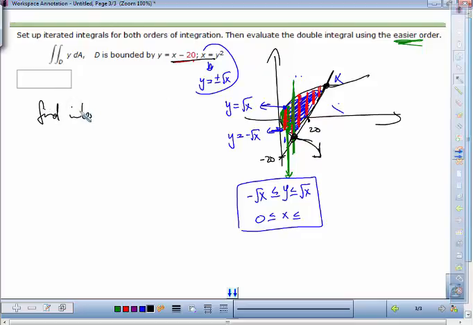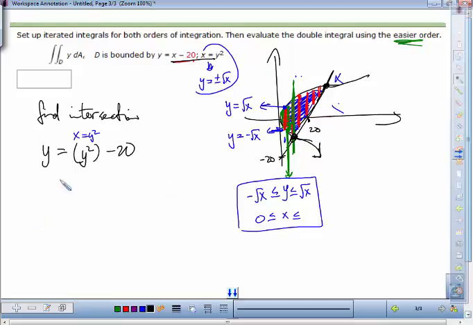Find intersection. Y is equal to x minus 20, and x equals y squared. So let's put y squared in there.